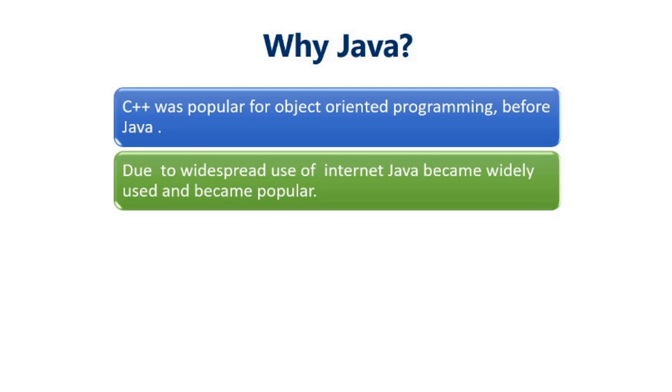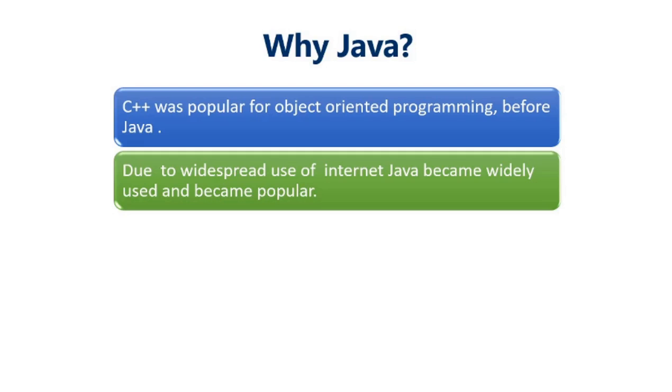Due to that, people started using the Java programming language for development of applications accessible over the internet. That means development of web applications or websites. So nowadays Java is also used for development of applications accessible over the internet.